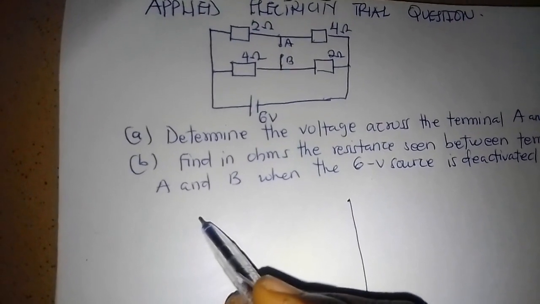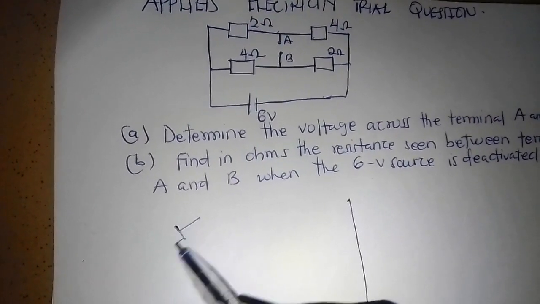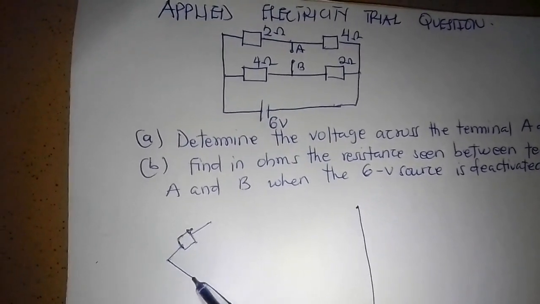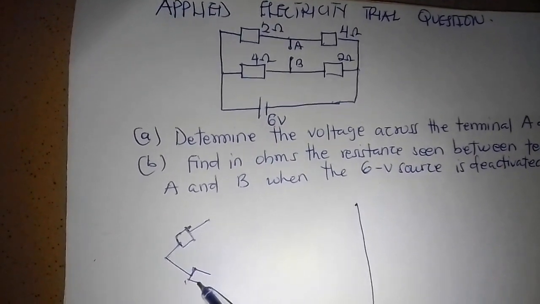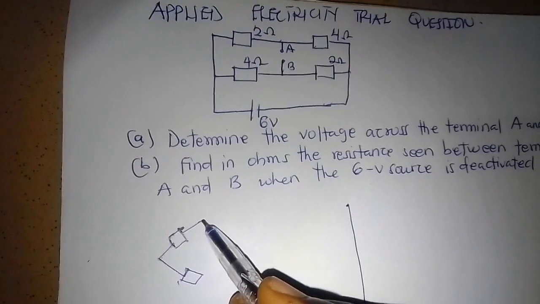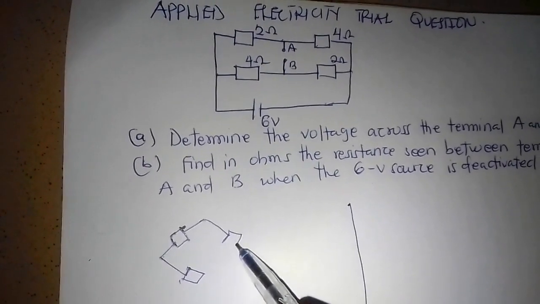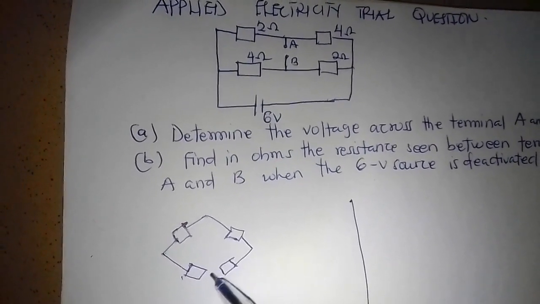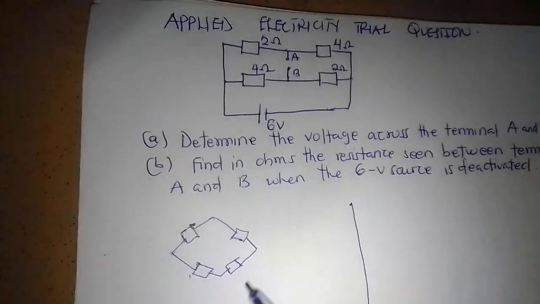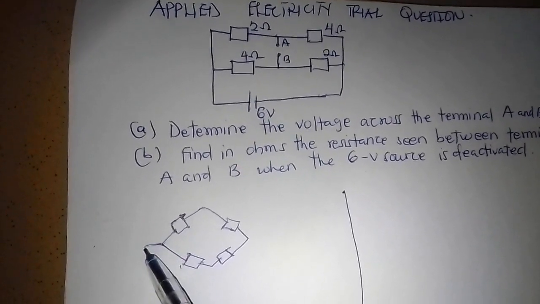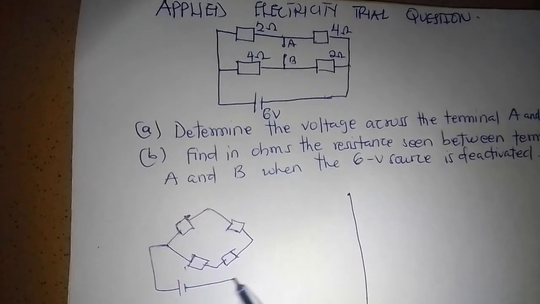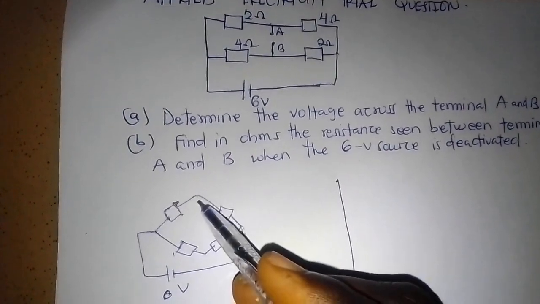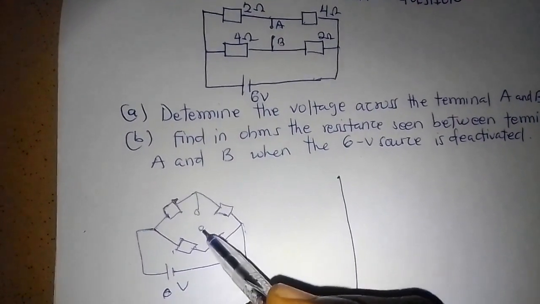So that will be, I'll have this, then something like this, then I'll come here like this, then similarly I'll draw it this way, then also this way. Then my terminals will come, my 6 volt terminal, here 6 volts, have my open here.